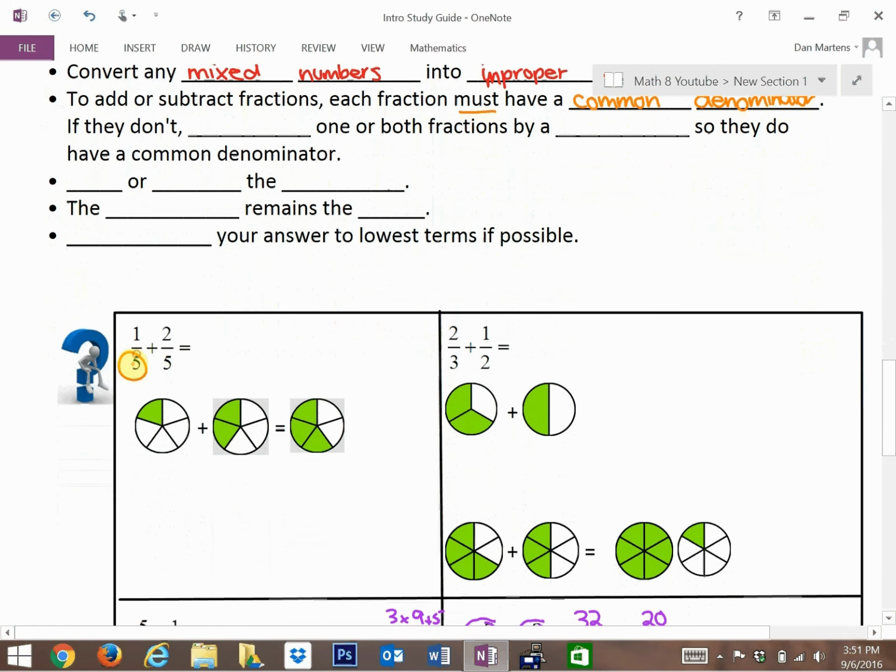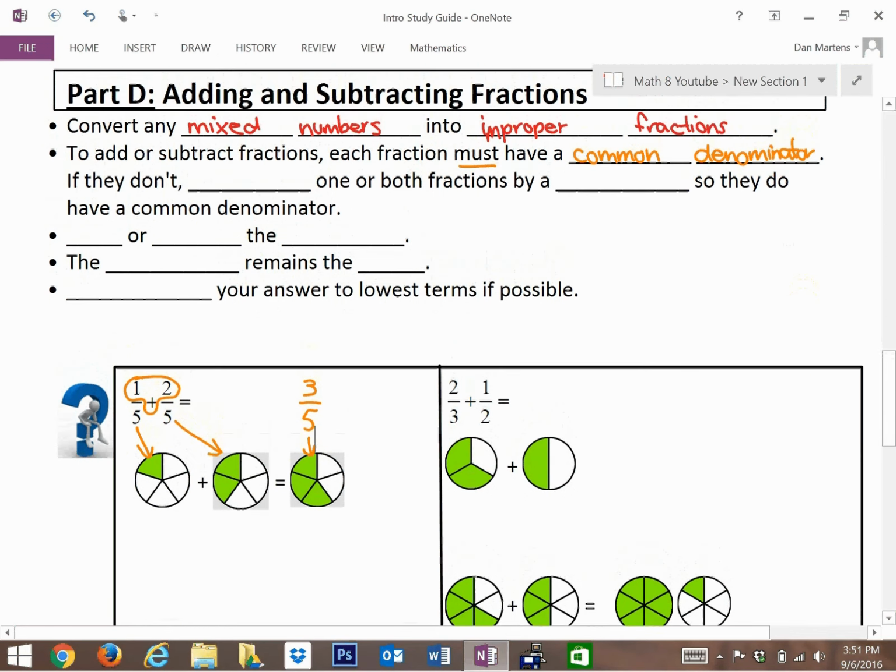So if you look here, 1/5 plus 2/5 is not difficult to do, because here's 1/5, here's 2/5, and that equals 3/5. So the big idea is, if you have a common denominator, you can just add the numerators. So 1/5 plus 2/5 is equivalent to a total of 3/5.